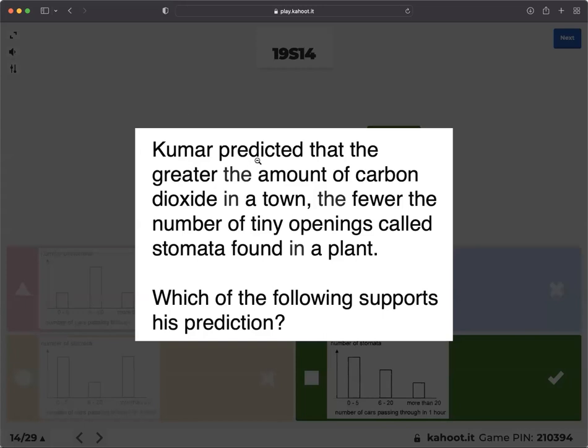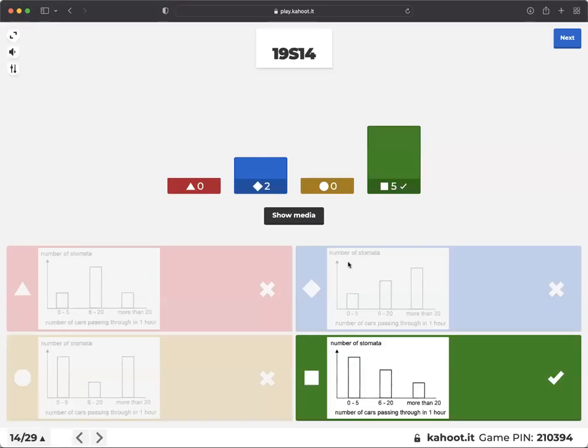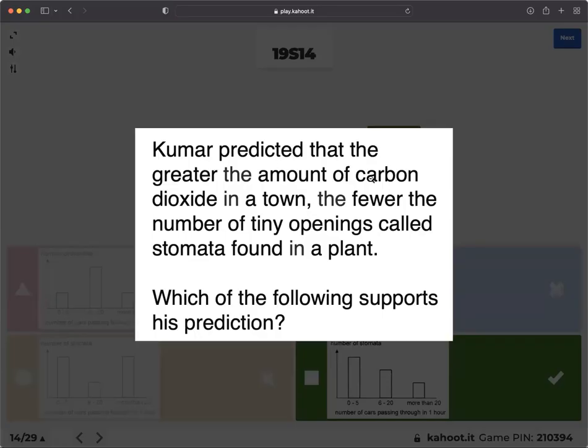Okay, so Kumar predicted that the greater the amount of carbon dioxide, the fewer the number of tiny openings found in the plant. So basically, when there is greater carbon dioxide, when the CO2 is high, the number of stomata is low.